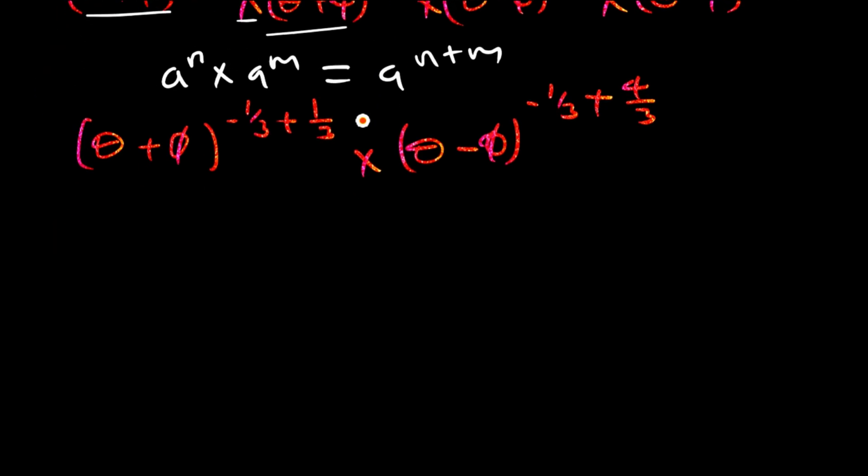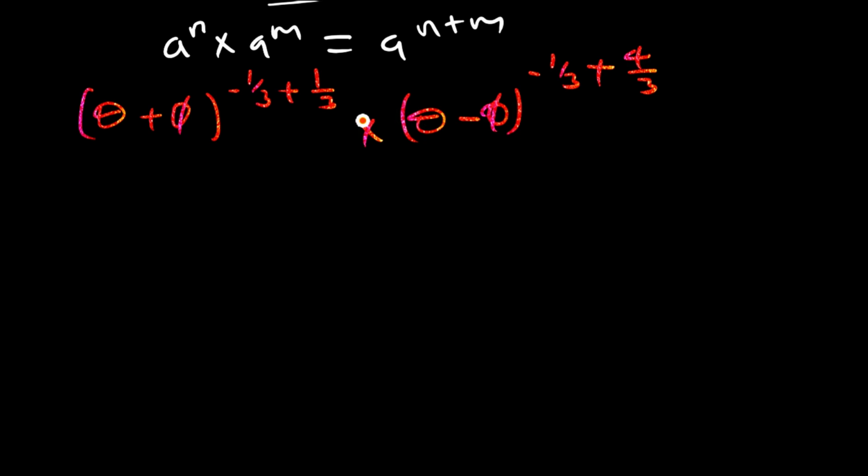So we can simplify the powers. Now for the first one, we have (θ + φ). The LCM between 3 and 3 is just 3. So 3 into 3, 1, so we have minus 1, 3 into 3, 1s, plus 1.